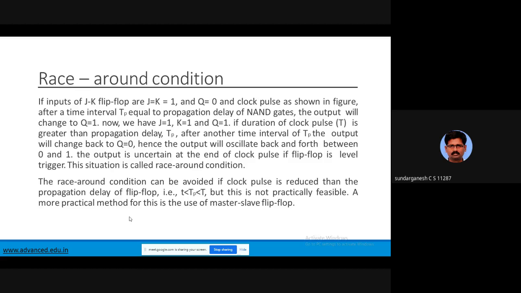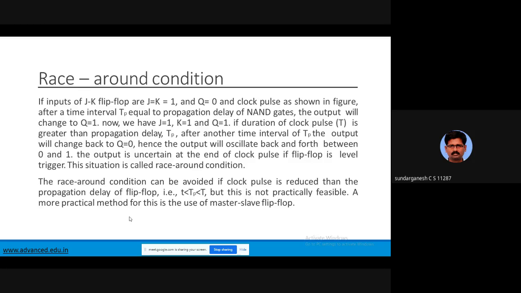If the duration of the clock pulse is greater than the propagation delay Tp, after another time interval of Tp the output will change back to Q equal to 0. Sometimes this may happen in a flip flop. When J equal to 1 and K equal to 1, it is toggle mode. Previously it is 0, now it becomes 1.